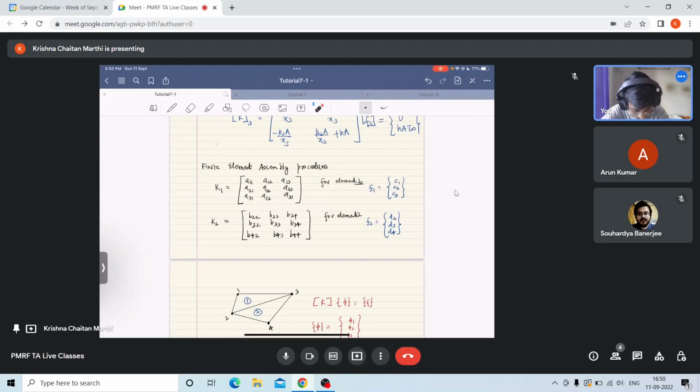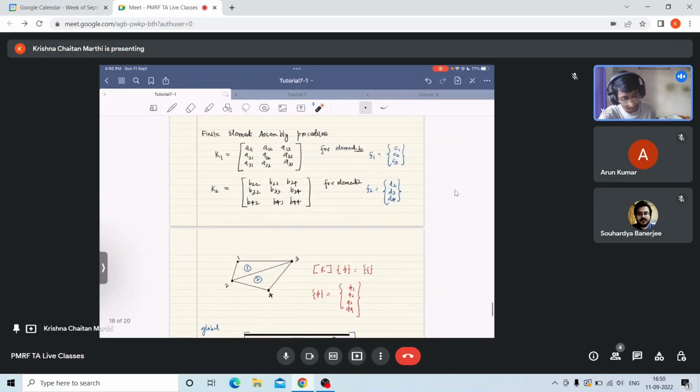Now for my element 2, the stiffness matrix K2 is represented as B22, B23, B24, B32, B33, B34, B42, B43, B44. So this is written for element 2. So let us say this is my element 1 and this is my element 2. So I have these 4 nodes 1, 2, 3 and 4, let us say the nodal points.